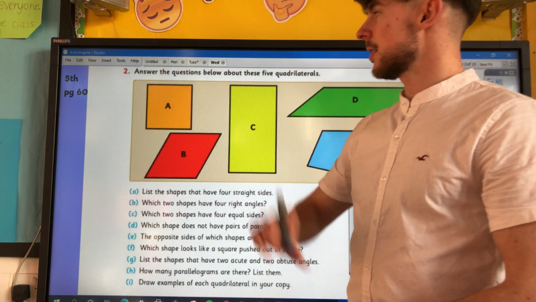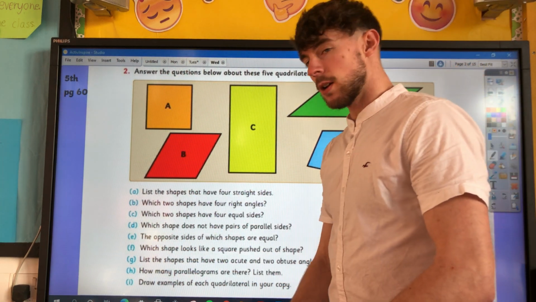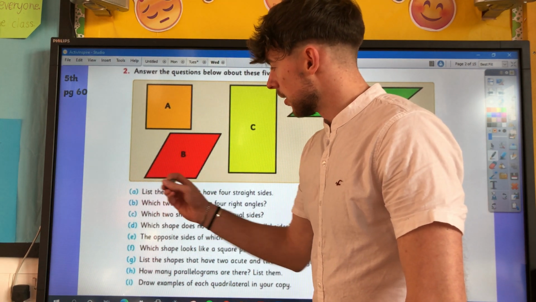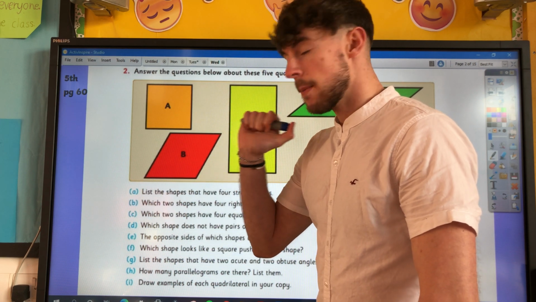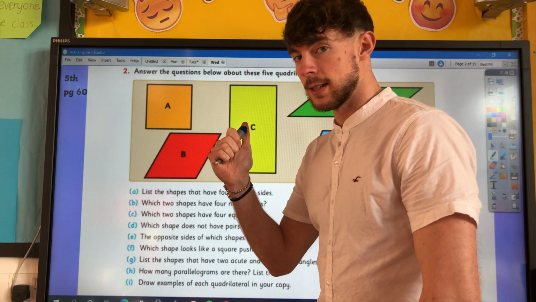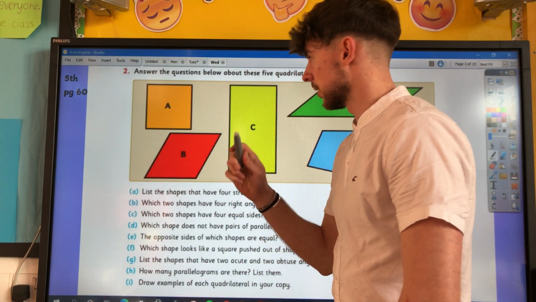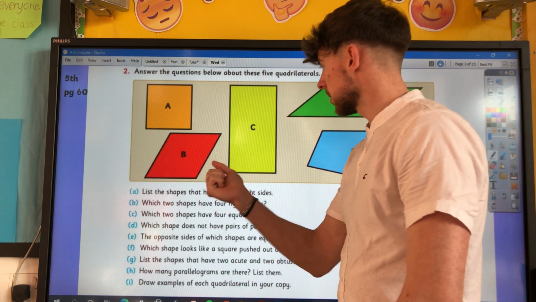This square has all equal sides, all equal angles. This rhombus, or parallelogram, whatever you want to call it, has all the same sides, but does it have all the same angles? No, it doesn't. These angles are all different. This rectangle, all 4 sides are straight.